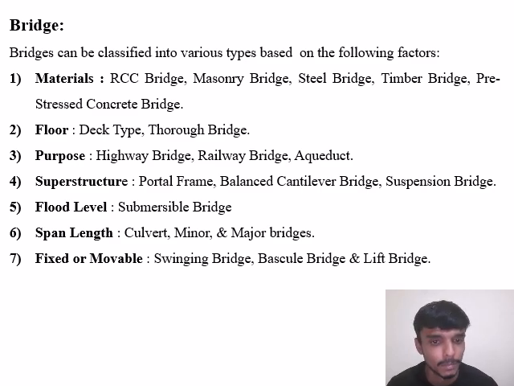On flood level, submersible or non-submersible bridges. Span length: culvert, minor and major, as we discussed before. Then the last one is fixed or movable: swinging bridge, bascule bridge, and lift bridge, etc.